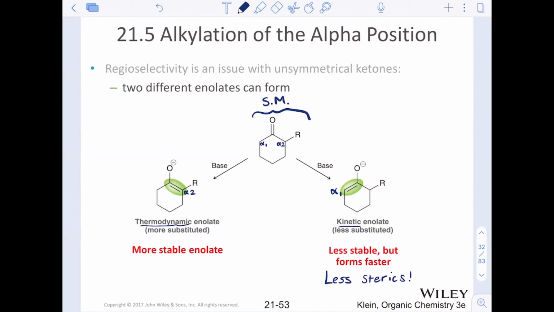We've used these terms kinetic and thermodynamic before. Thermodynamic always hinted towards a stable product, a more stable type ending point. Kinetic always went to forming faster. Okay, so here we have a kinetic option and a thermodynamic option.